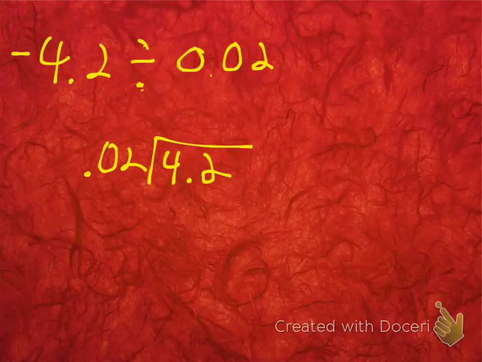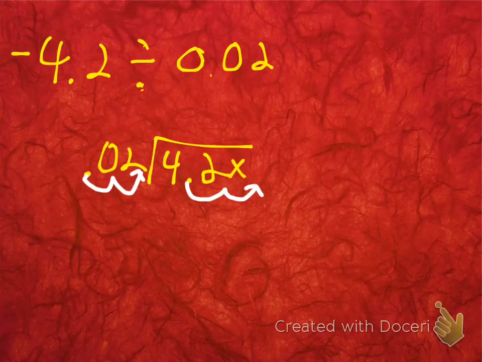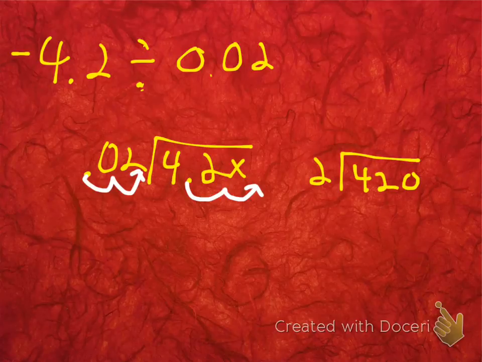Now, how many times do I need to move the decimal on 0.02 to make it a whole number? I'm going to have to go 2 times to the right. So in here, I've got to go 2 times to the right. So what that changes it to is 2 divided by 420. Which gives us 210. Now, were my signs different or the same? So what's my answer?